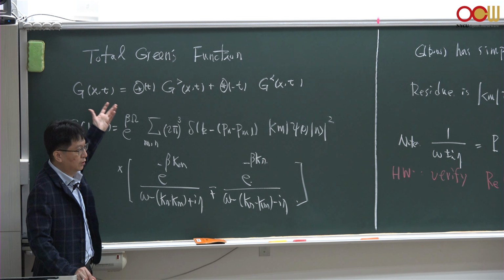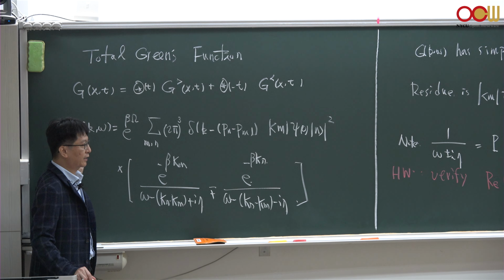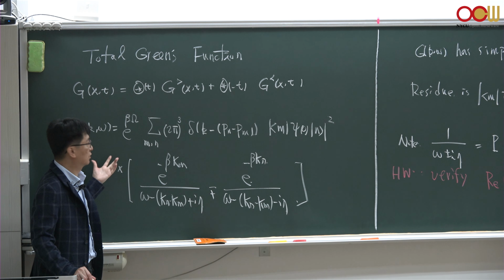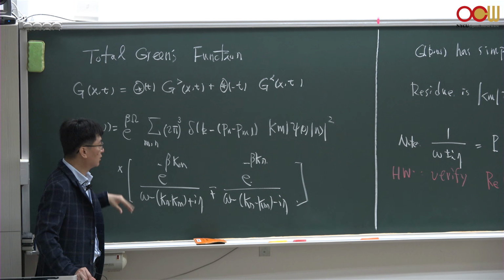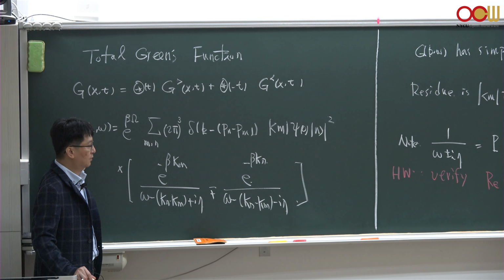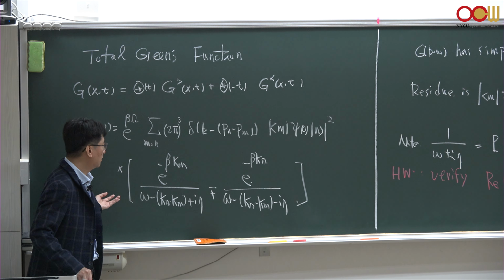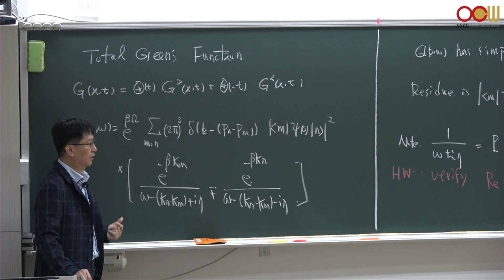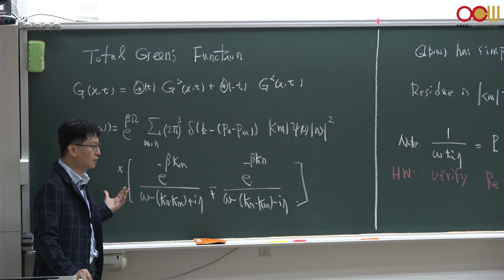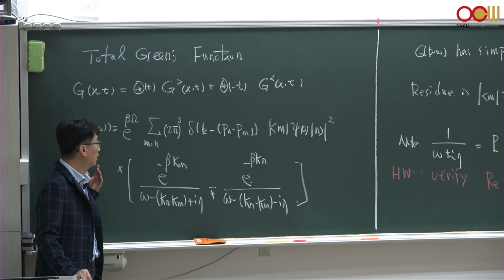We could Fourier transform this G(x,t) to G(k,ω) in Fourier space, and by a spectral representation of this G(k,ω), we could expand this thermal Green's function in terms of the eigenstates of the Hamiltonian and the momentum operator, right? So it's the simultaneous eigenstates of your Hamiltonian and momentum operator, and this m and n represent the simultaneous eigenstates that we use to express this G(k,ω).